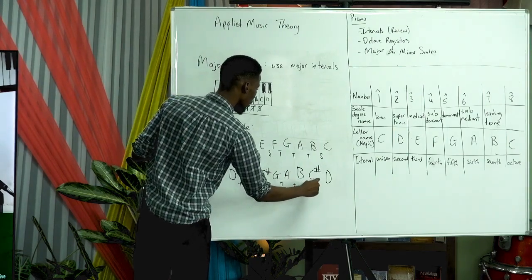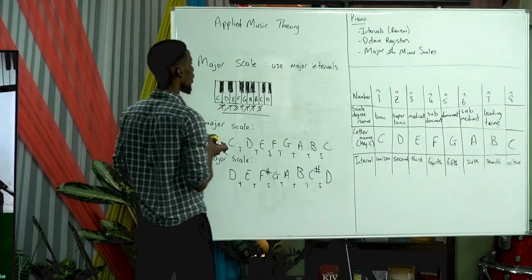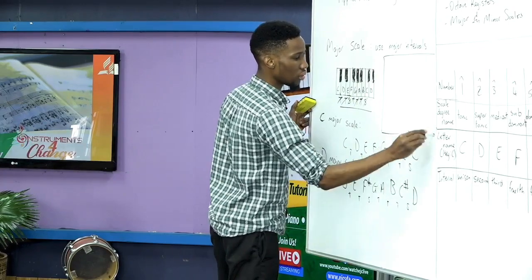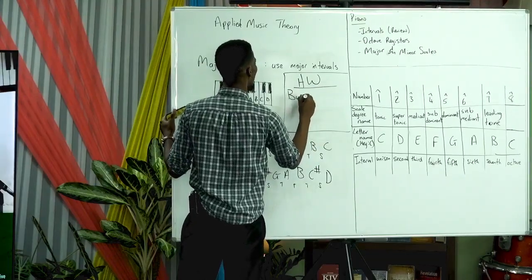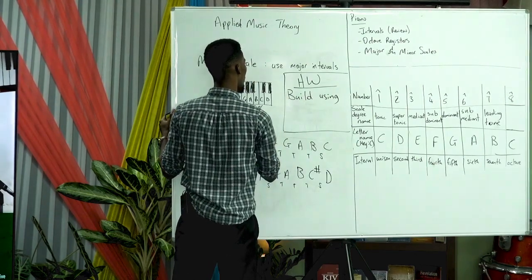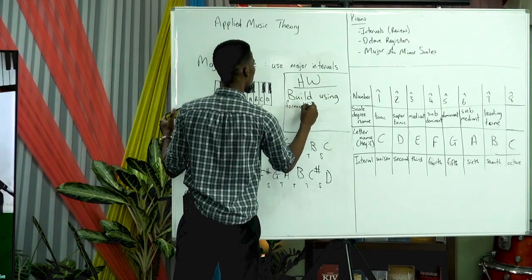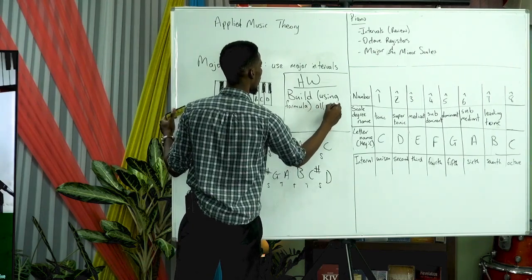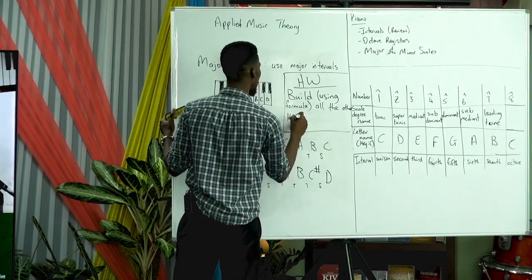And then what I want you to do, for your homework now. Let's put the homework right in this little box. Homework. You're going to build, using the tone, tone, semitone formula, all the other keys.